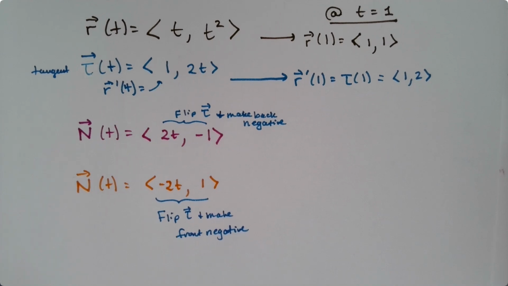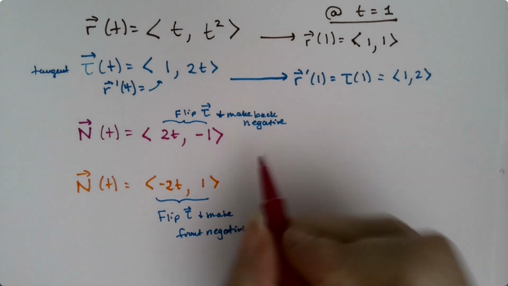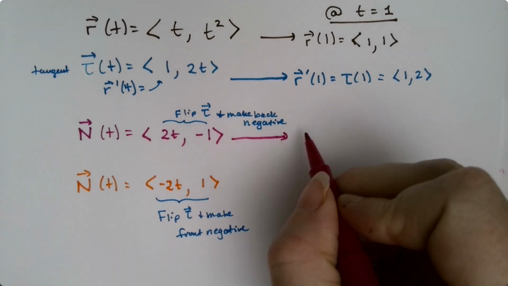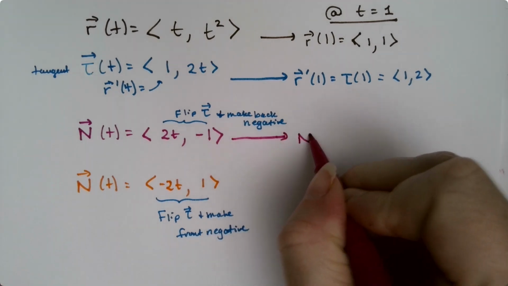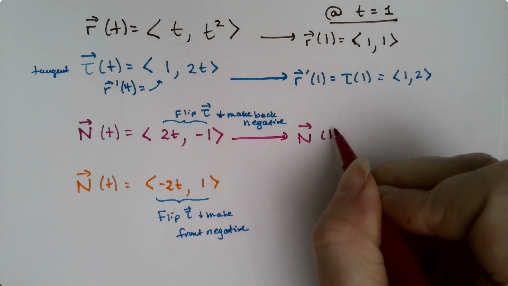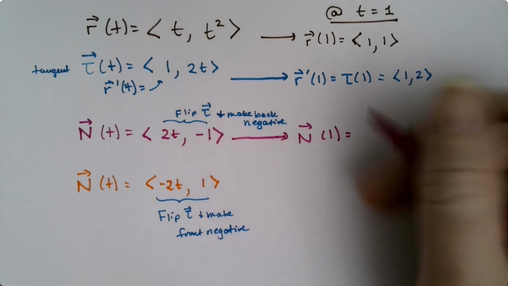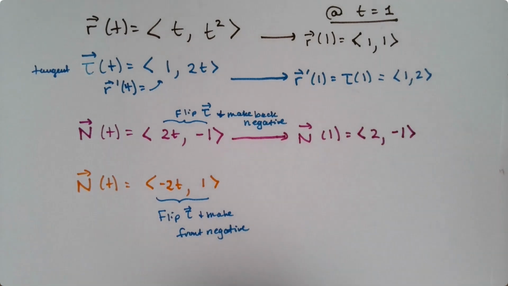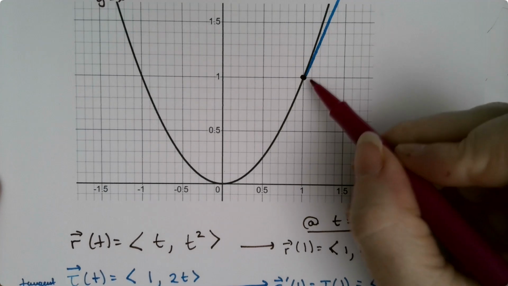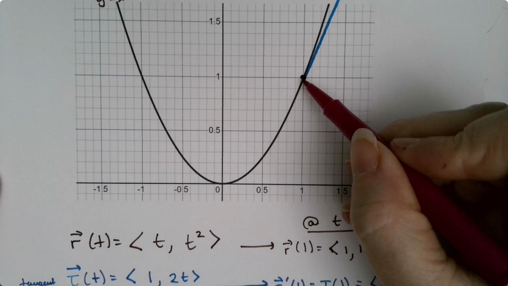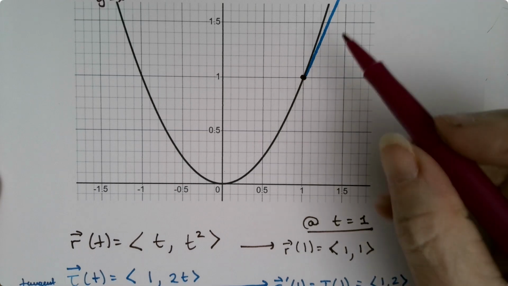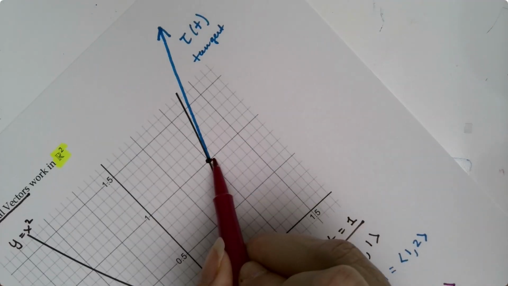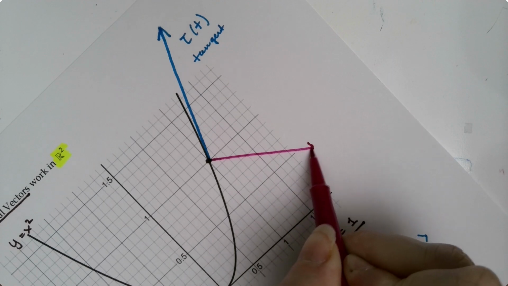Now, is there a difference between these 2? Yes, and let me show you. If you want to see the normal vector, this particular one, at 1, that would be 2, -1. So here you are at this point. You're going to go over 2 and down 1, which means you're going in that direction.